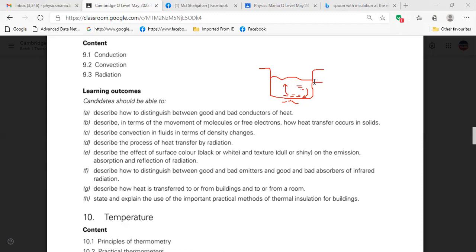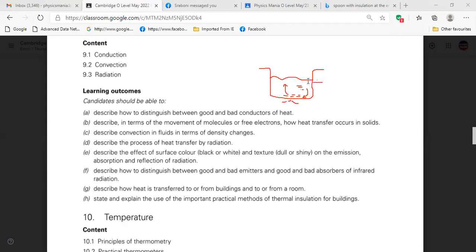Sir, heat won't be spread evenly. Yes, very good answer. And heat will actually stay here.